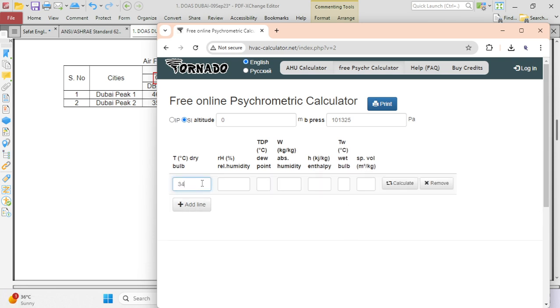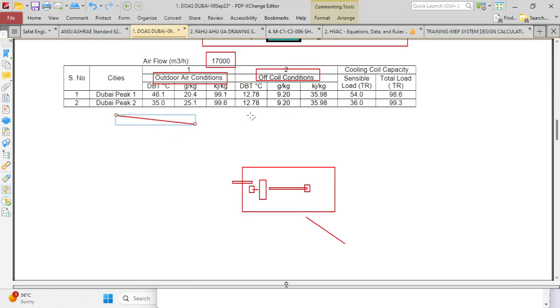So this is 34 and the wet bulb temperature will be 32, right? So I can calculate all other conditions. Then what is the off-coil condition? If I go to this picture, 12.78, okay.